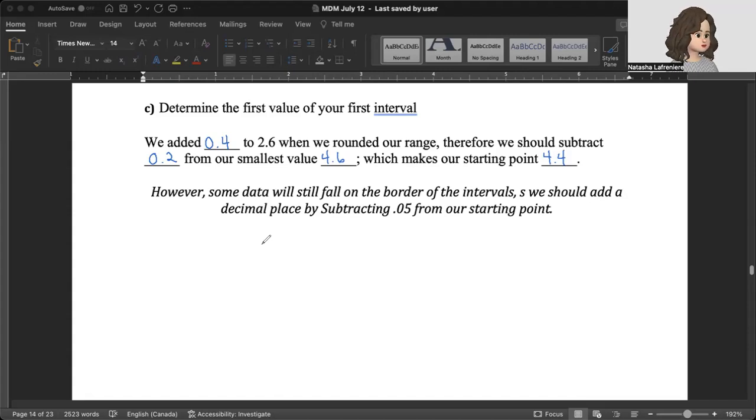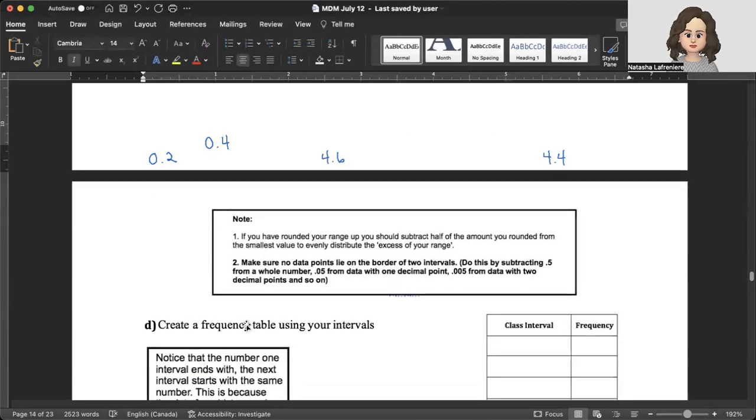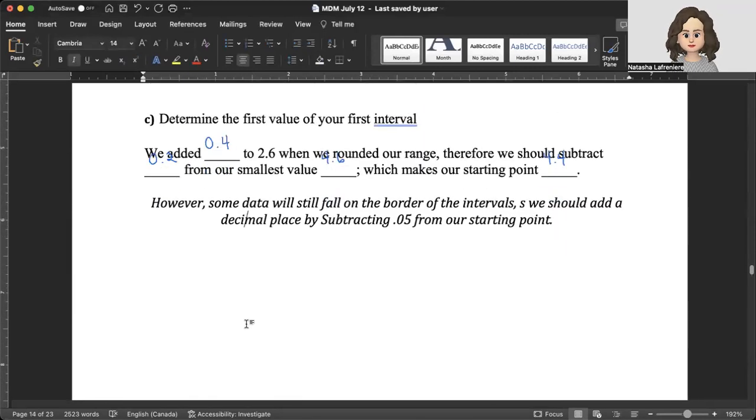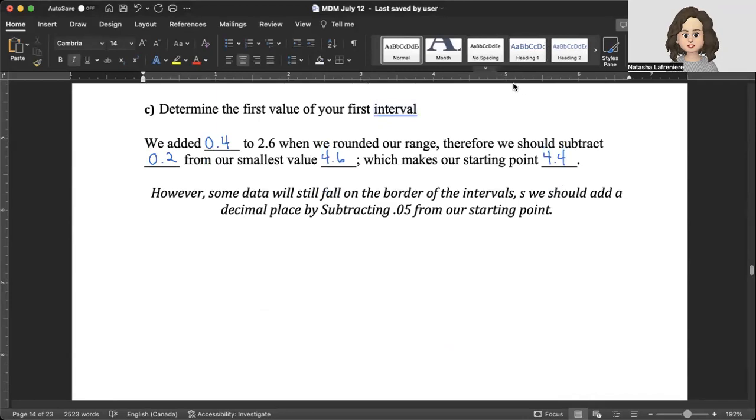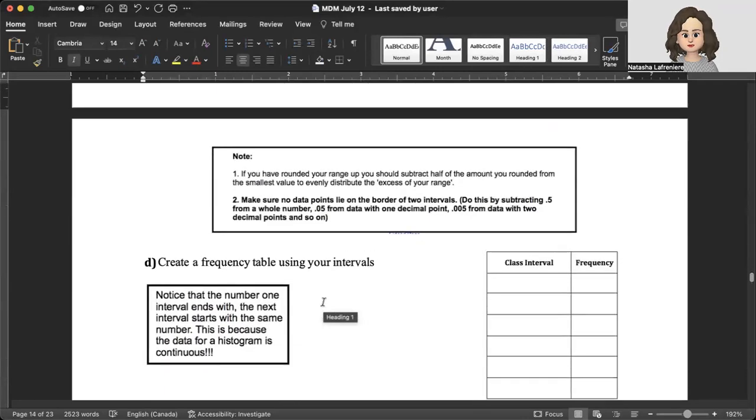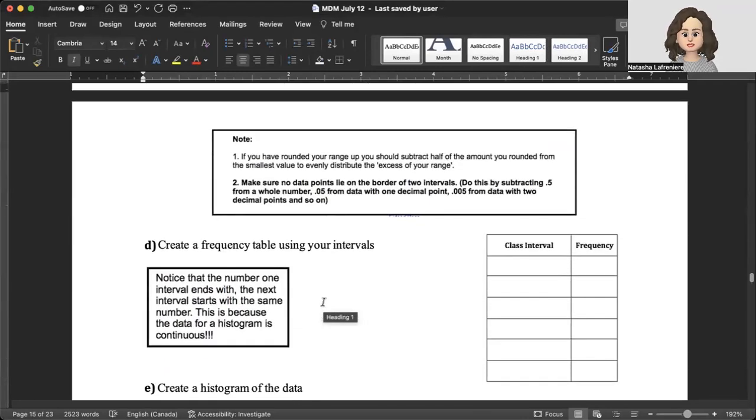Okay. I'm not too sure what's going on here. Oh, okay. So I am going to clear this so I can scroll down. So note that if you have rounded your range up, you should subtract half of the amount you rounded from the smallest value to evenly distribute the excess of your range.